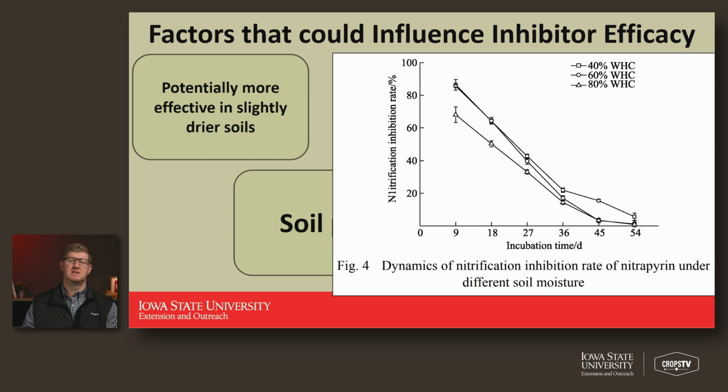I'm not going to necessarily describe this figure to you, but what I want you to take away from this, and if you want to pause and kind of dig into this figure, is that these inhibitors are potentially more effective in slightly drier soils. That is probably tied to the fact that some of these inhibitors are water soluble and can move with water. Other factors might be that we're influencing different microbial populations, things like that.